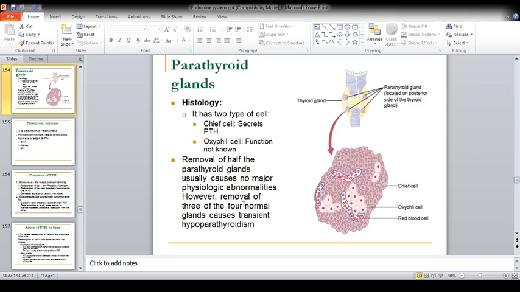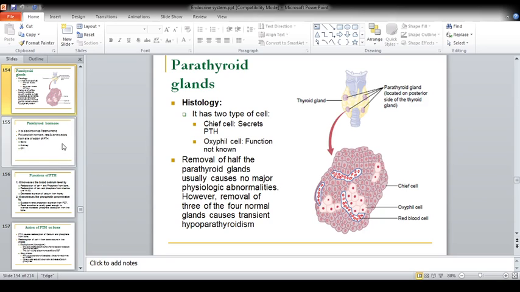If one or two parathyroid glands are removed by mistake during surgery, due to iatrogenic causes or any other cause, there is no major change in the absorption or excretion of calcium, because the other remaining two or three glands would compensate for the function of those we removed.